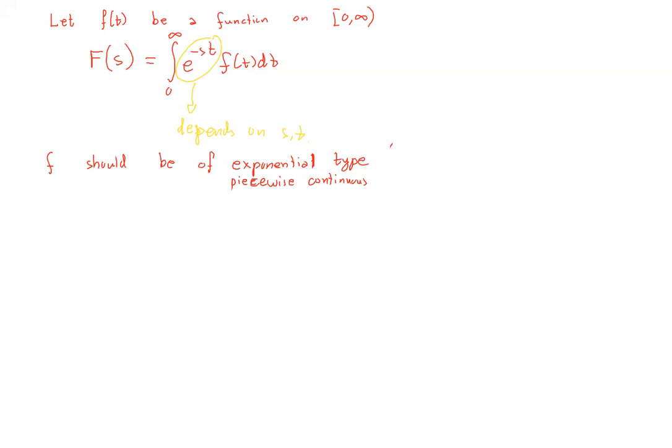So exponential type, we really mean that it doesn't rise too much. So it's less than k times e to the ct for k, c, let's say greater than 0, and t large enough.